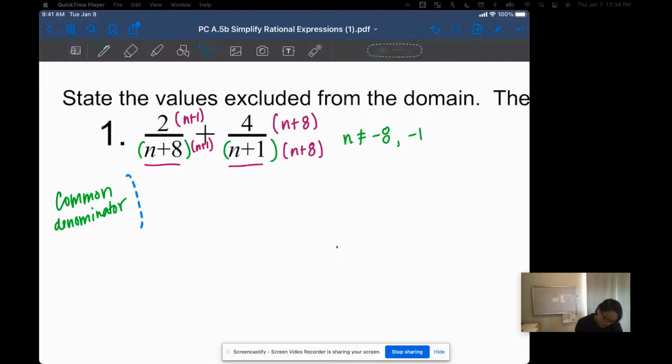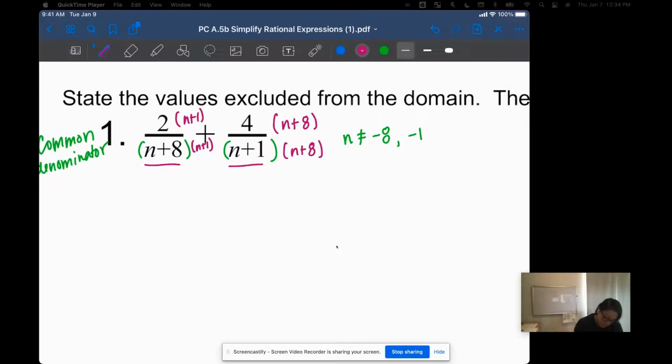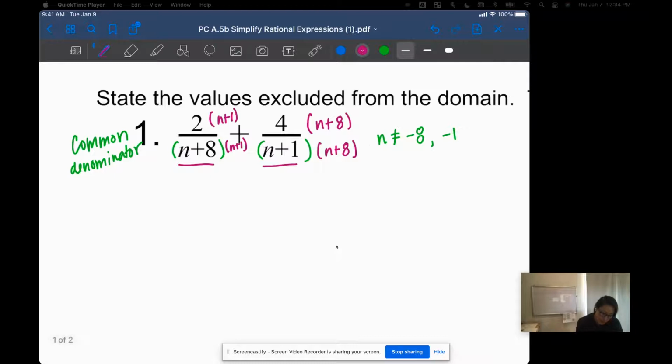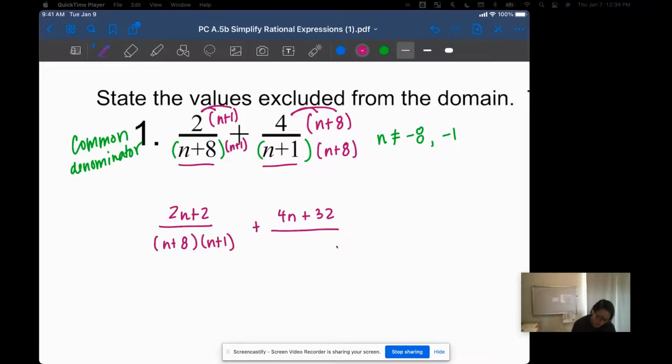Next, I'm going to simplify the top of the fractions by distributing, by multiplying the numerator, basically. Okay, so I get 2 times n plus 1 is 2n plus 2 over n plus 8 times n plus 1, plus 4n plus 32 over n plus 1 times n plus 8.